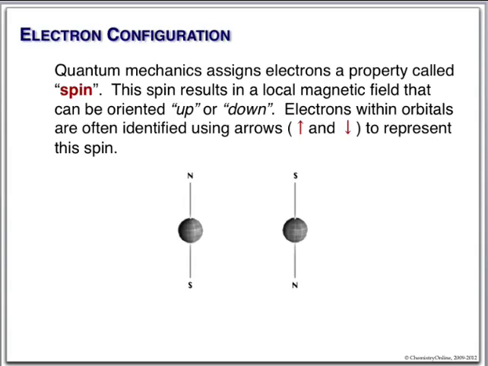And when you spin something with a charge, you generate a magnetic field. That means the electrons can be oriented either up or down in this orbital. Hund's law tells us that if you have 2 electrons in an orbital, one has to be up and one has to be down.